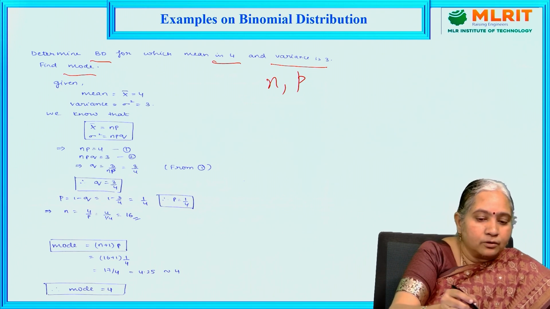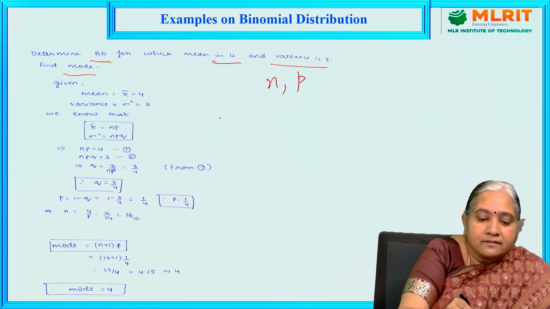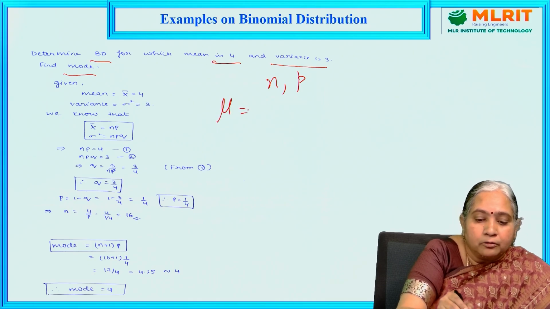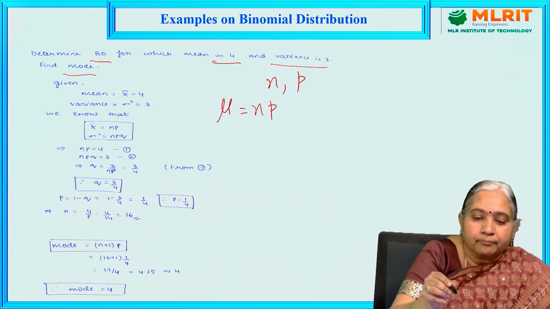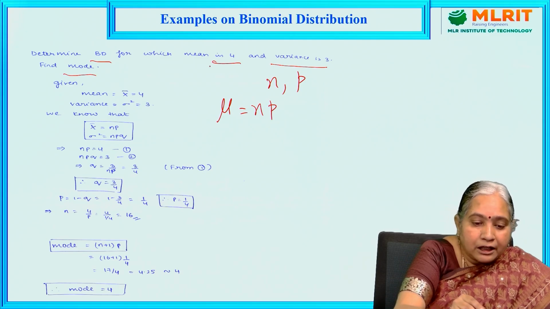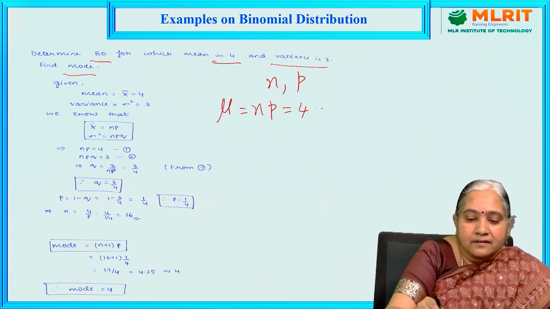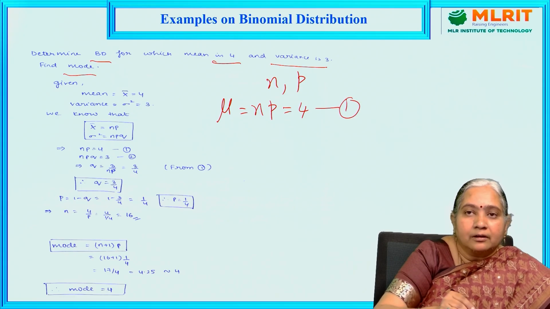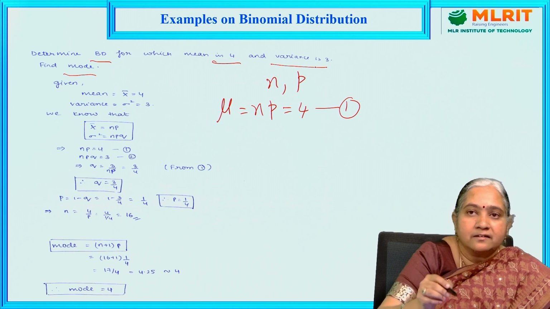So here also, what is the data given in this question? Mean is 4. Mean is denoted by mu. Mu equal to np, the formula for binomial distribution to find mean. That value is given, which is 4. So take this as equation 1. And also given that the variance of the binomial distribution is 3.